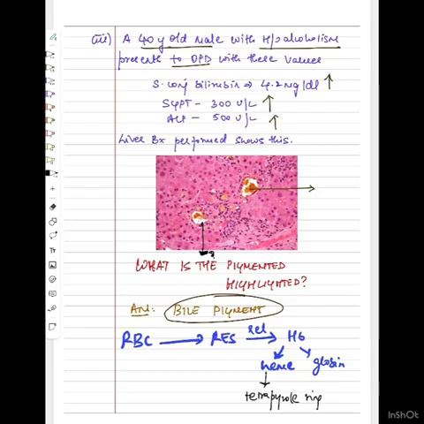This tetrapyrrole ring is nothing but biliverdin. It is a green color bile pigment which is called biliverdin. So this biliverdin is subsequently reduced to form a yellow color pigment called bilirubin.